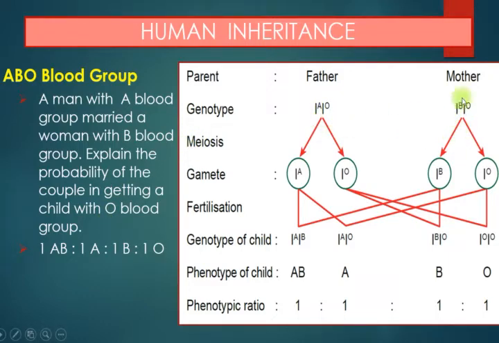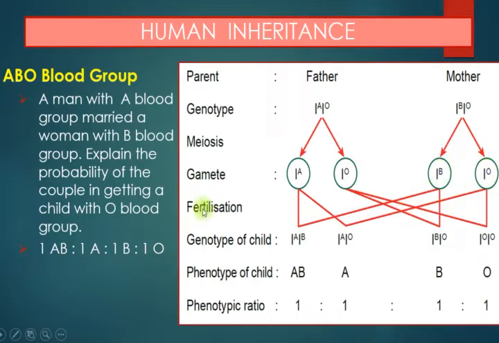The same also occurs with the mother, who is heterozygous IBIO. During formation of the gamete, meiosis occurs. The gametes produced by the father are IA and IO, and for the mother, the gametes are IB and IO.